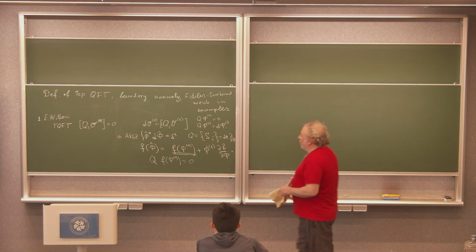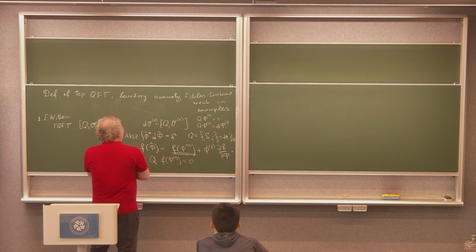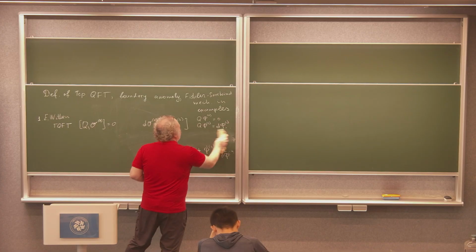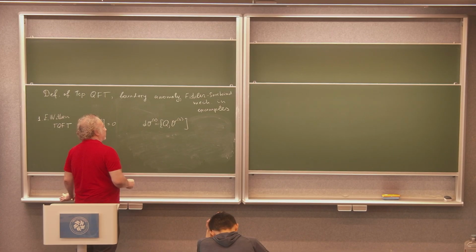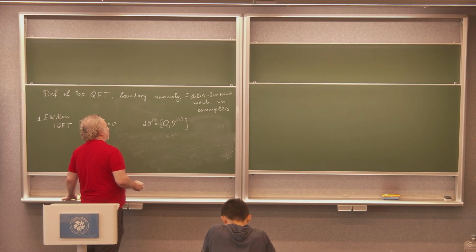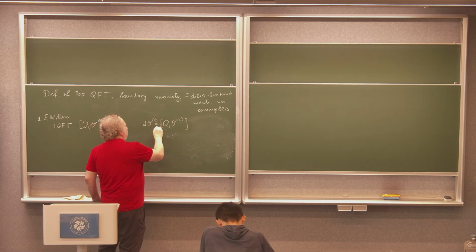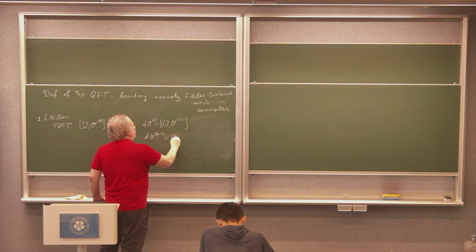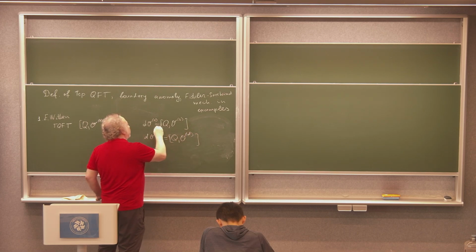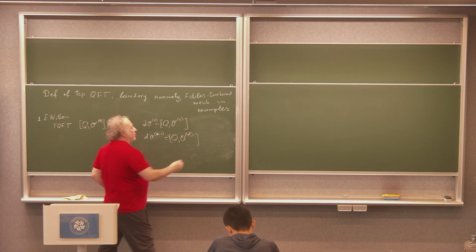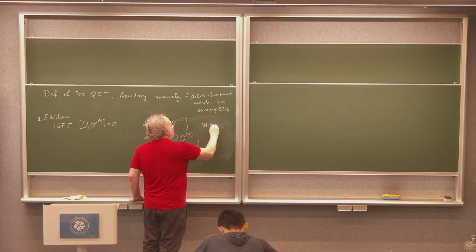I'm going to explain it more generally. Then we can say d of O_n minus 1 equals Q of O_n. So these are called Witten's descent equations.